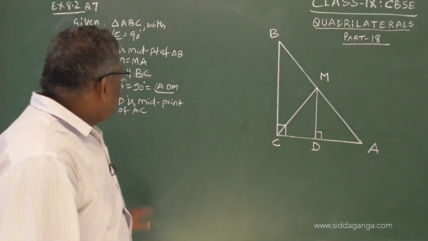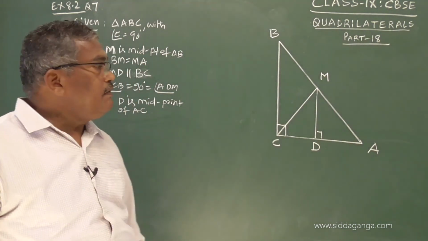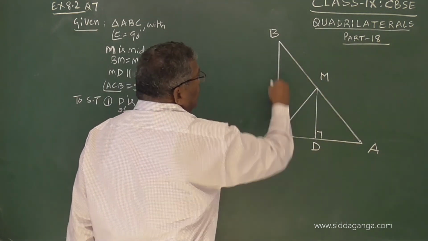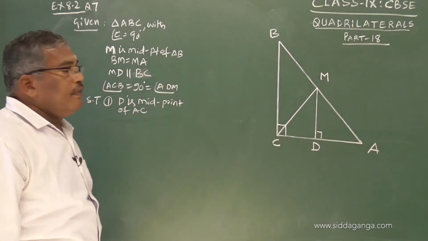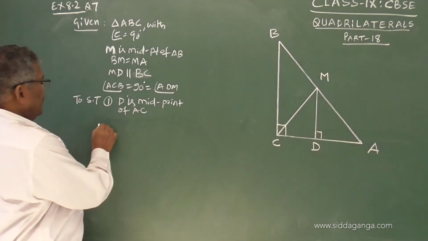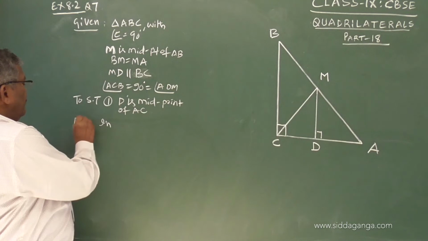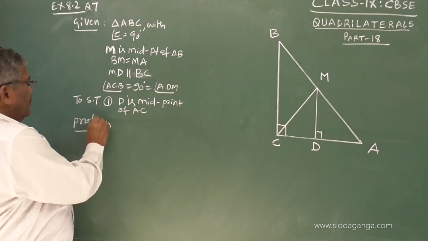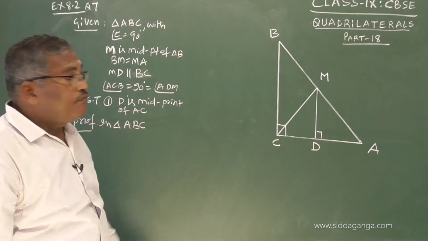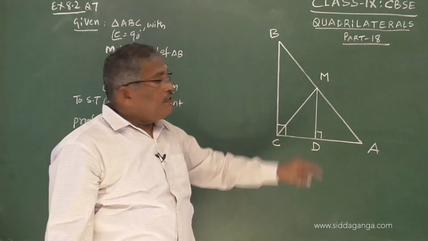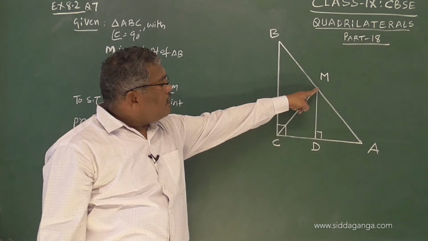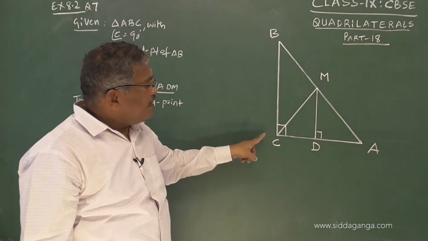So here it is very clear. This answer is very simple. So we know that in a triangle ABC, M is the midpoint, and through the midpoint a line is drawn parallel to the third side BC.